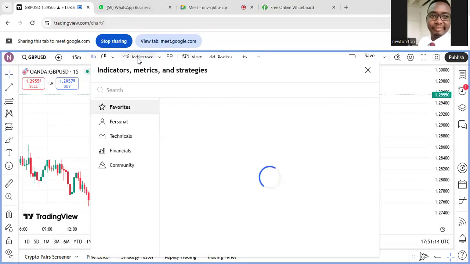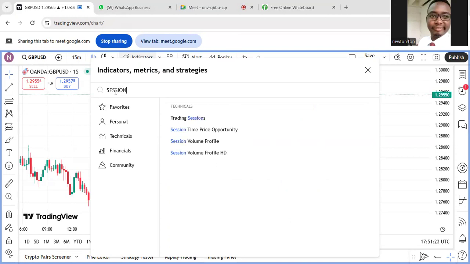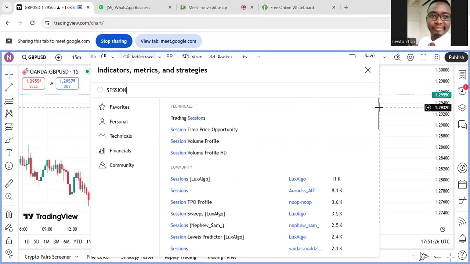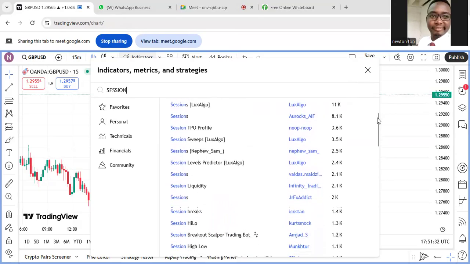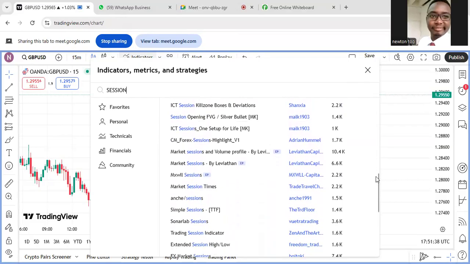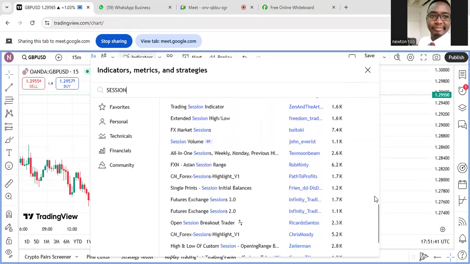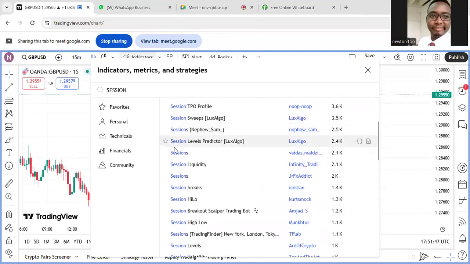Go to indicators, click indicators, then type session. After you have typed session, drag down this list until you can see the one called Session Vidas Maldives.